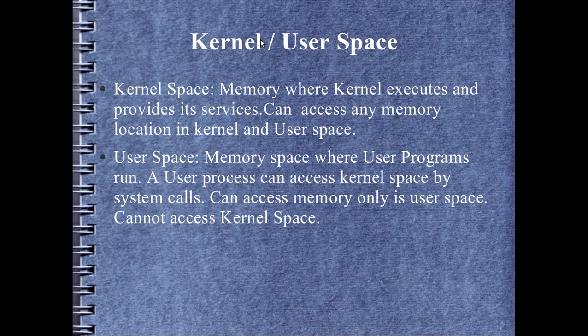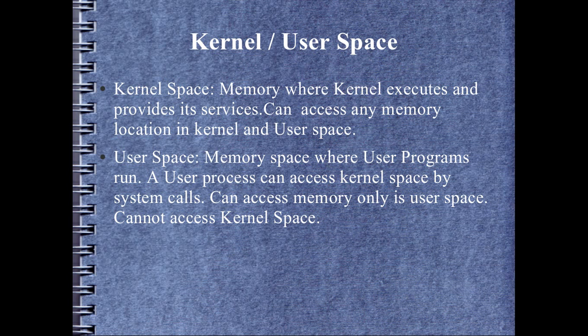One more thing you are required to understand is kernel space and user space. If you are talking about memory, it's divided into two parts. One is the kernel space, the other is the user space.